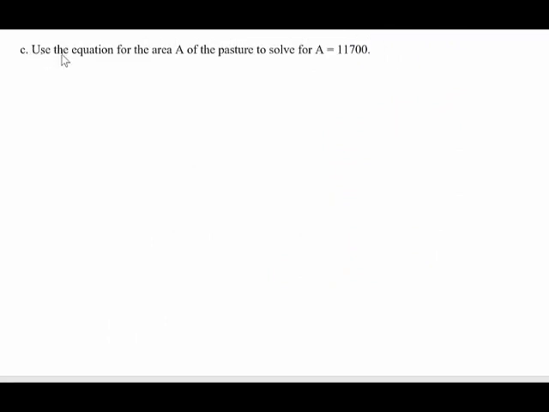And in this last part, we want to use the equation for the area A to solve A is equal to 11,700, or what is the width when the area is 11,700? Recall the function is A equals 310x minus 2x squared.